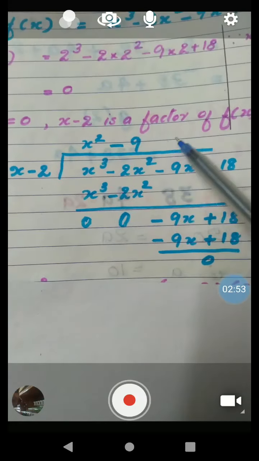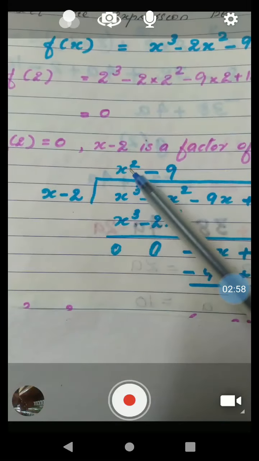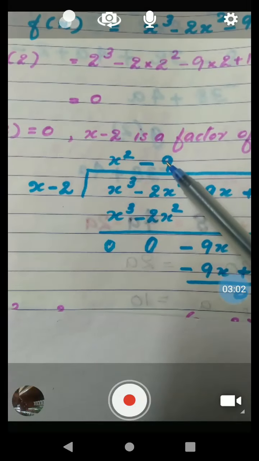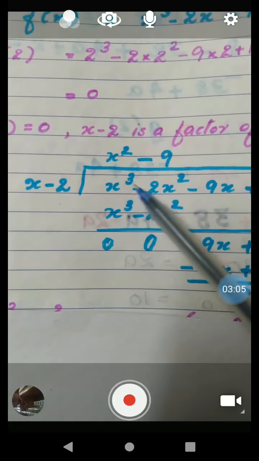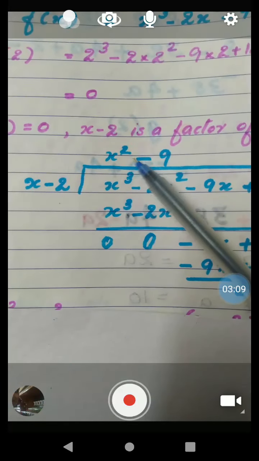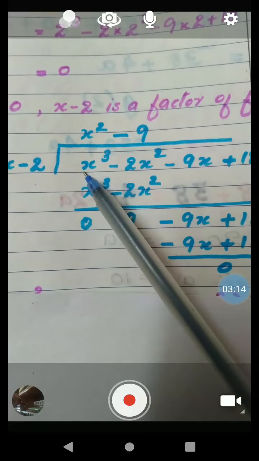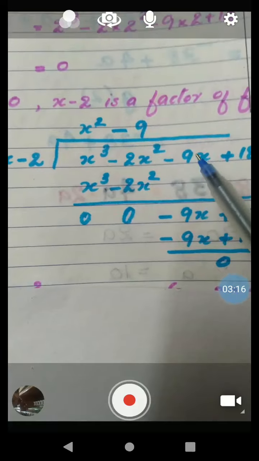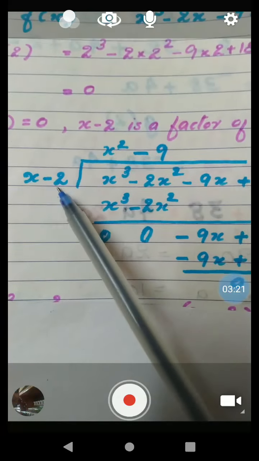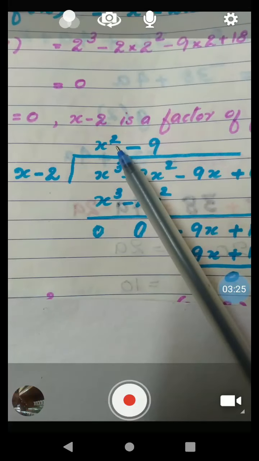When remainder is 0, we can say that x minus 2 as well as x square minus 9 are factors of this expression f(x). Therefore, we get two factors. So, this can be written as, that means x cube minus 2x square minus 9x plus 18 is equal to x minus 2 into x square minus 9.